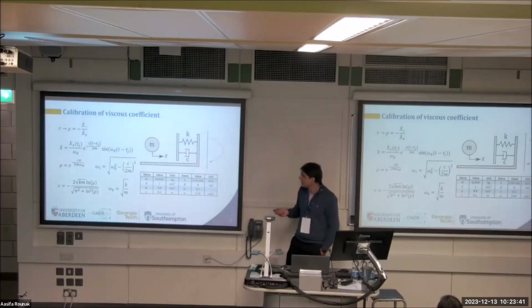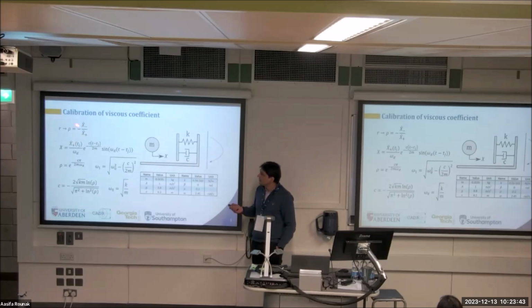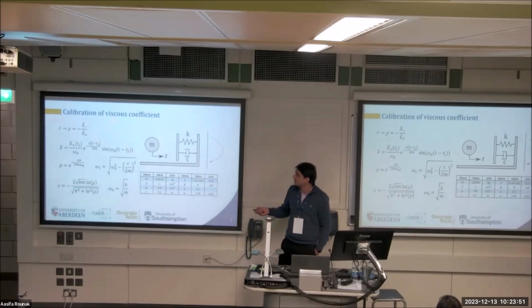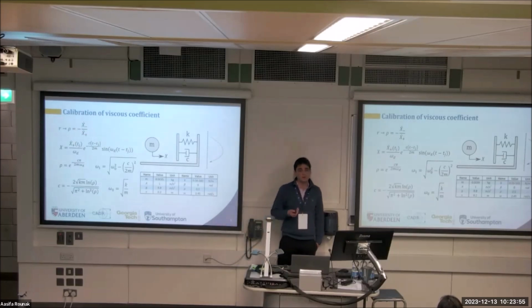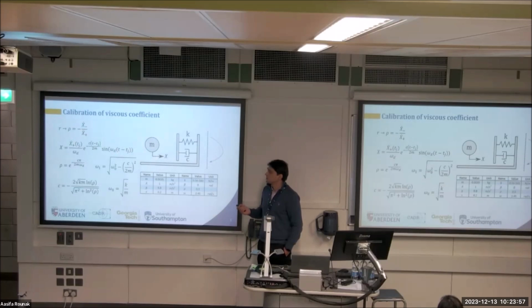So for a soft impact case, we can define some kind of pseudo restitution coefficient, which is basically the ratio between the velocities right before and right after the ball is in contact with the membrane.